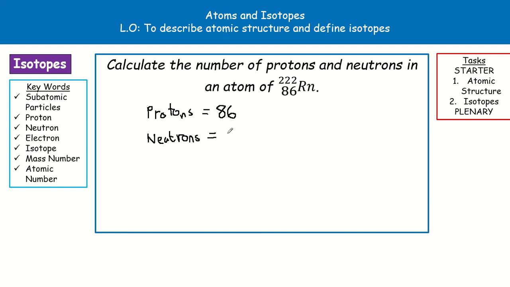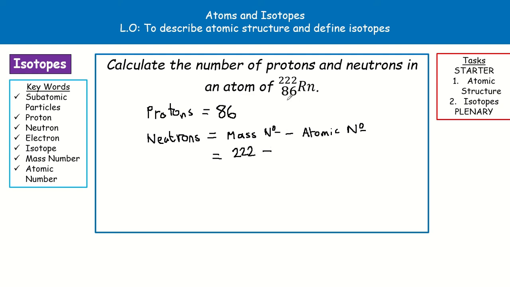So if we actually do this, we are going to have our mass number minus the atomic number, then we substitute in. So our mass number in this case is 222.